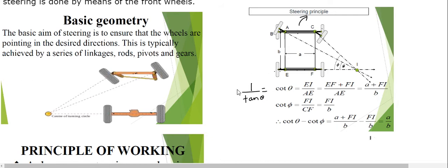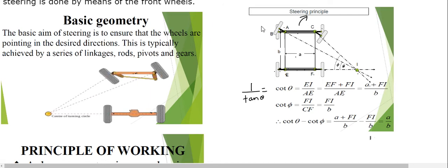Tan inverse is different from reciprocal, I think you know. So 1 over tan theta will be adjacent by opposite, because tan theta is opposite by adjacent. So adjacent by opposite becomes EI divided by AB. So EI can be split up as EF plus FI. So EF plus FI divided by AE, or we know EF is given as A plus Fi over B.